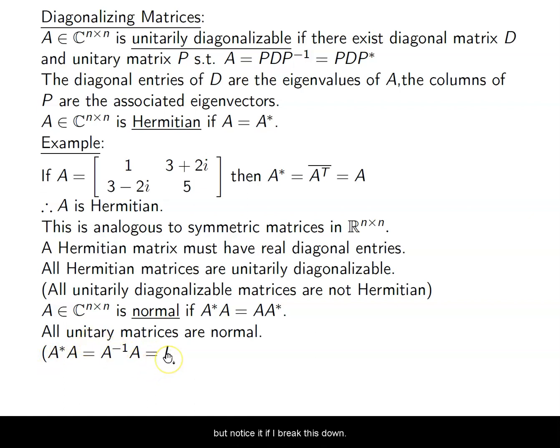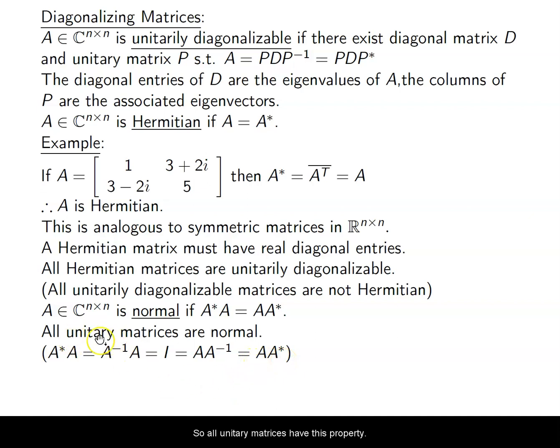But notice that if I break this down in the opposite order, I can call it A times A inverse, because it's A and its inverse. And since A star and A inverse are the same thing, you're going to get I. So if you have a unitary matrix, A star times A is the same thing as A times A star, right?